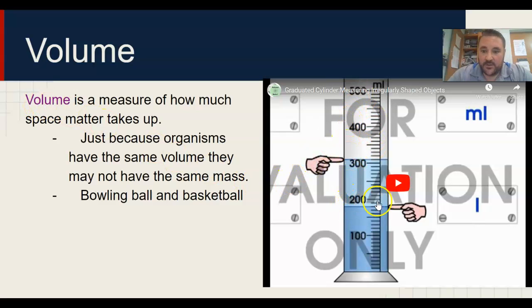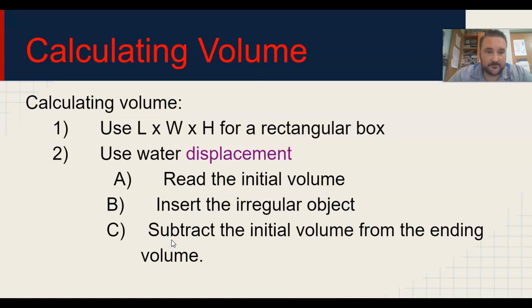This is a graduated cylinder, and we use graduated cylinders to measure the volumes of many things. You can measure the differences in the two amounts of water when you put your object inside. The other way that we typically use, especially if you go to shop class, is length times width times height of a rectangular box. You could also use this displacement method. Displacement means to push away.